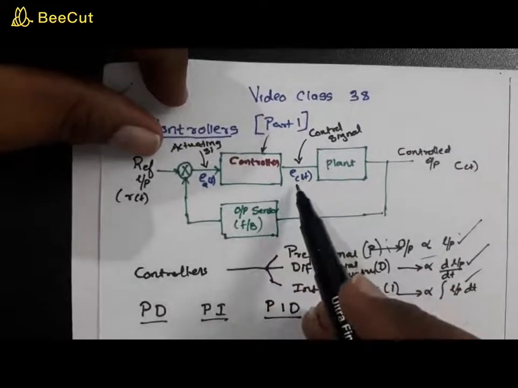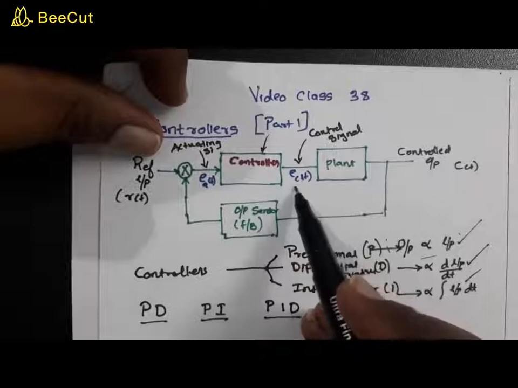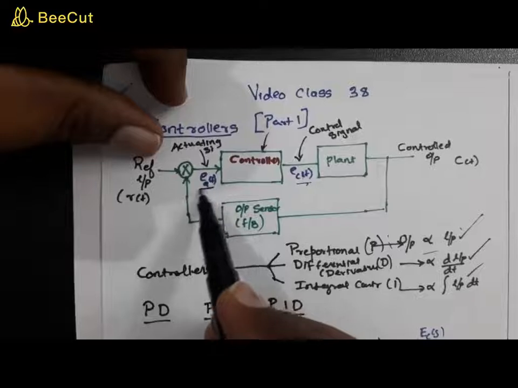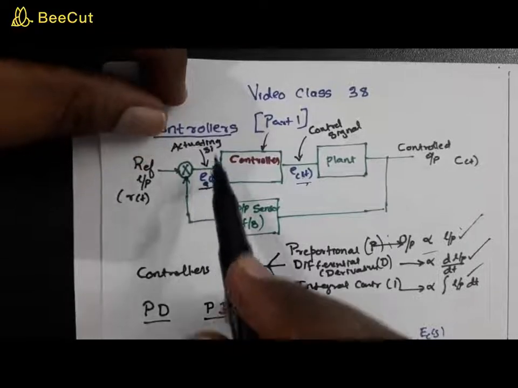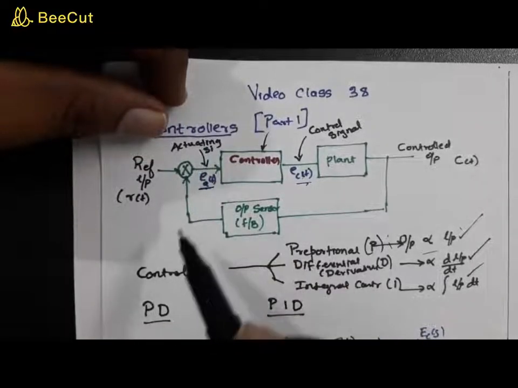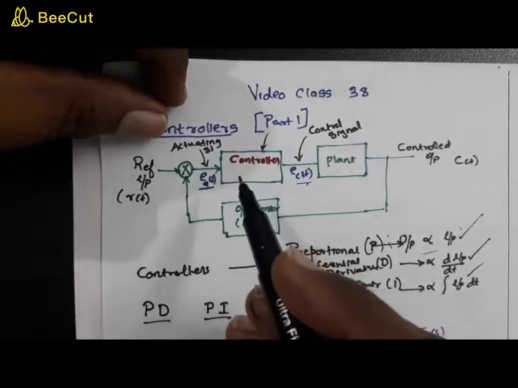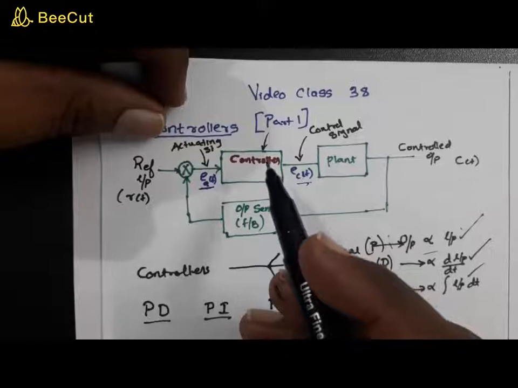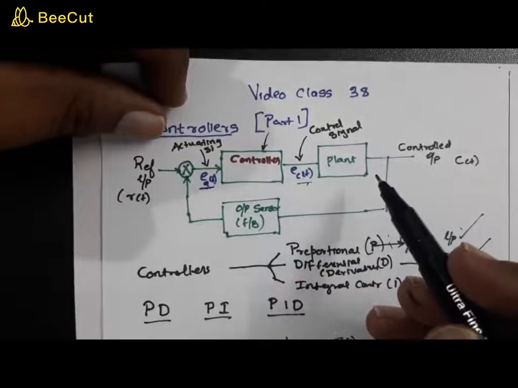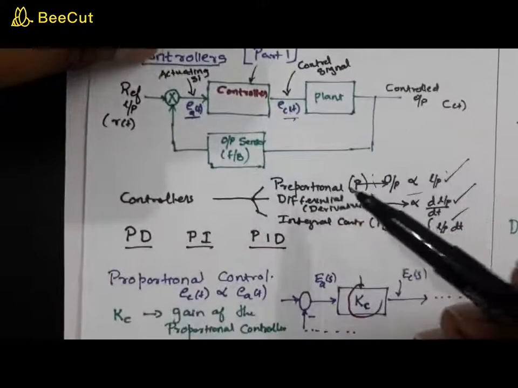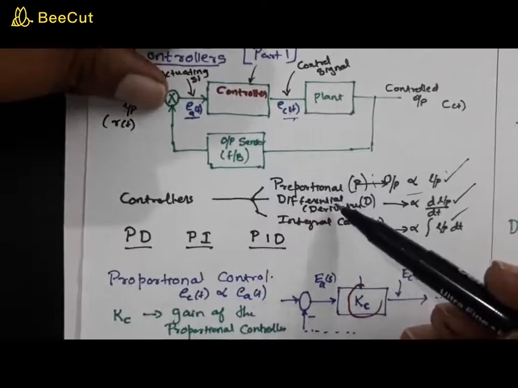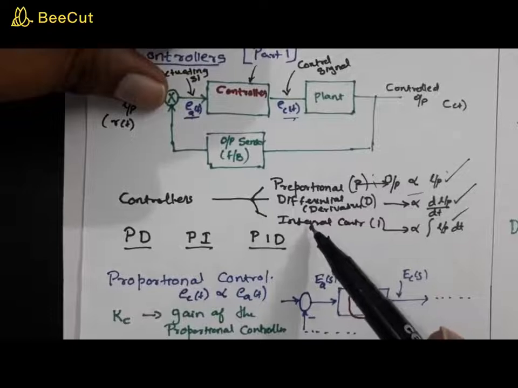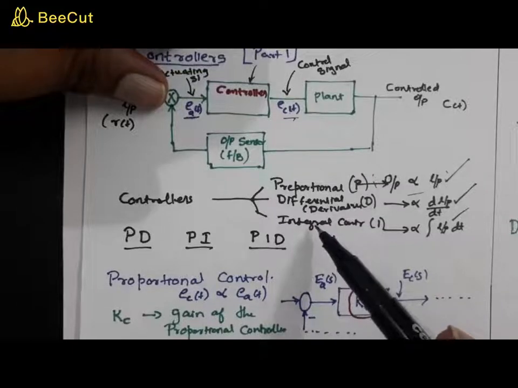Now, based on the relationship between the control signal that this controller provides and the input to this controller, that is the actuating signal, controllers can be classified in a variety of ways. The basic three classifications, as I mentioned in the previous video, are the proportional controller, the differential or derivative controller, and the integral controller.